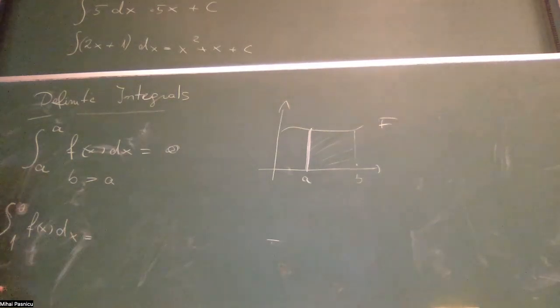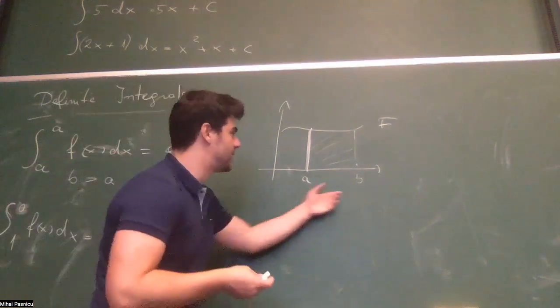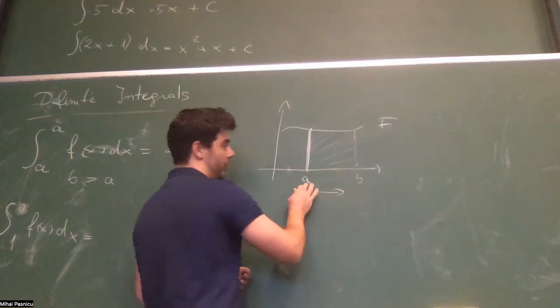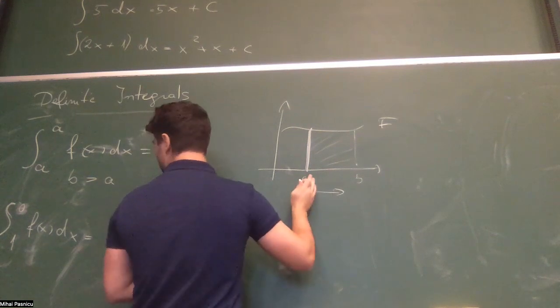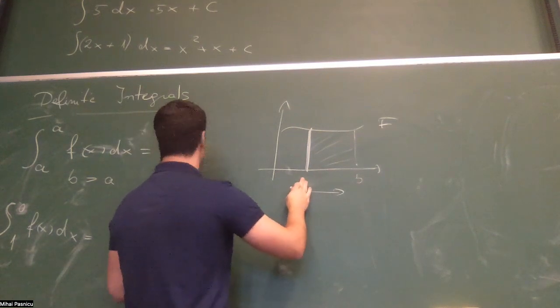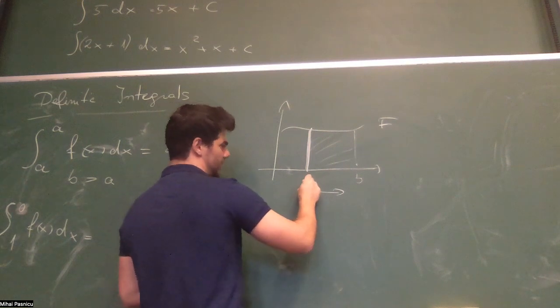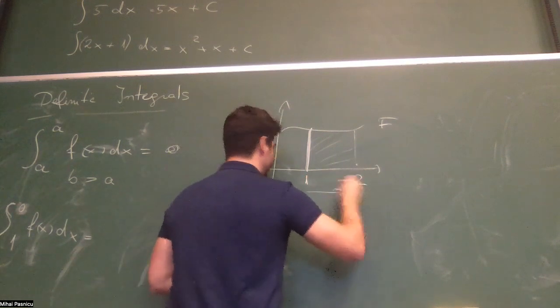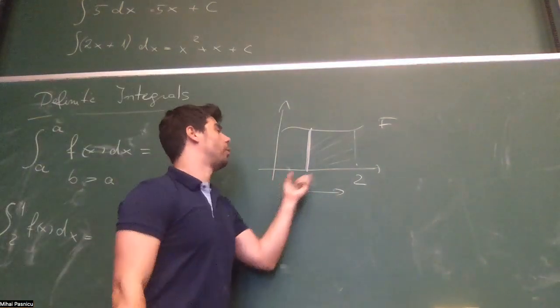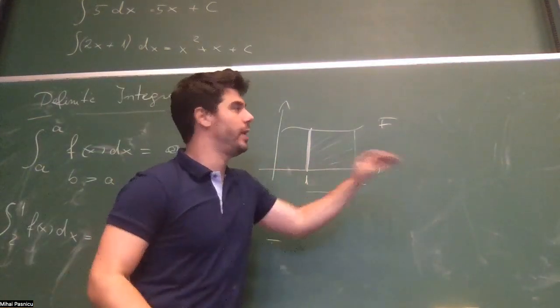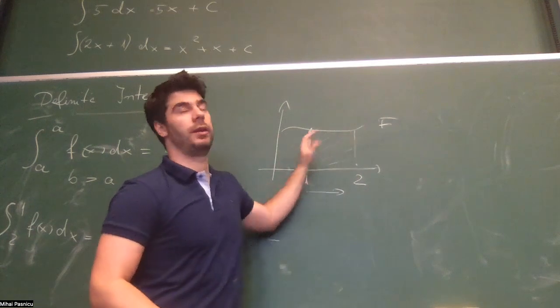You can just look at the drawing and think: if B is greater than A, let's use the example of 1 and 2. If I'm integrating from 1 to 2, so I'm moving that way, this area is positive.